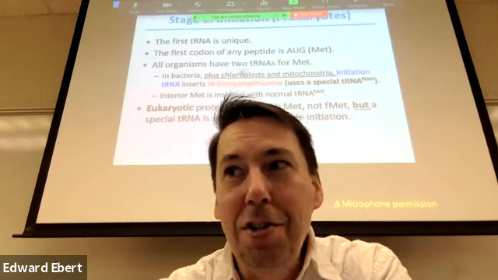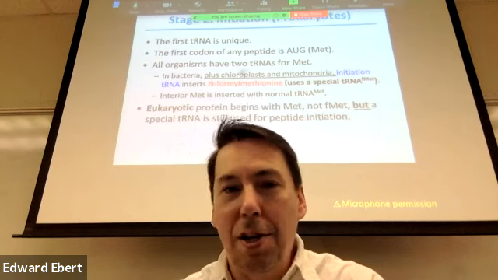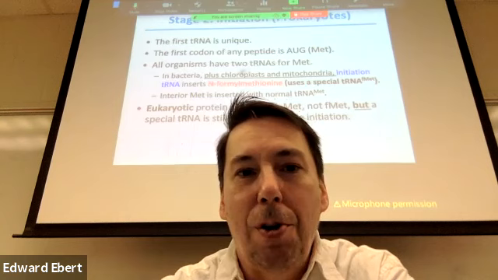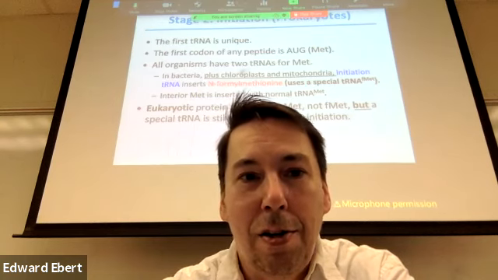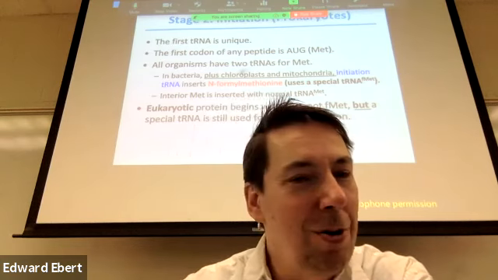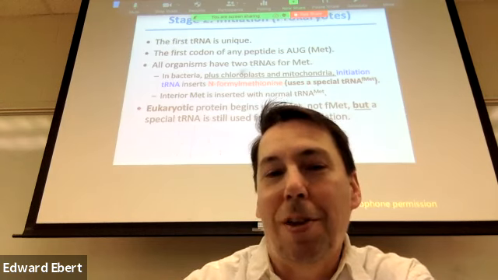So our initiation does vary between our bacteria and our eukaryotes. So let's talk about the bacteria first. Our first tRNA is going to be unique. Again, we're going to have this AUG methionine in here. There is a little funky difference here. We have one codon for methionine, but there are 2 tRNAs for methionine.